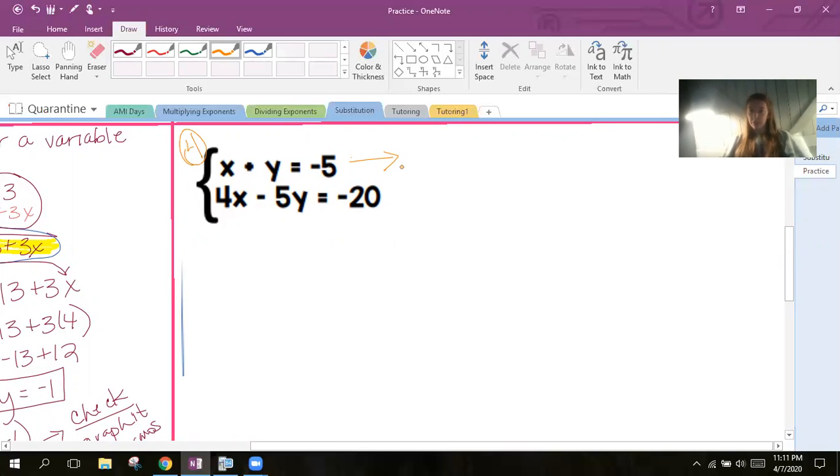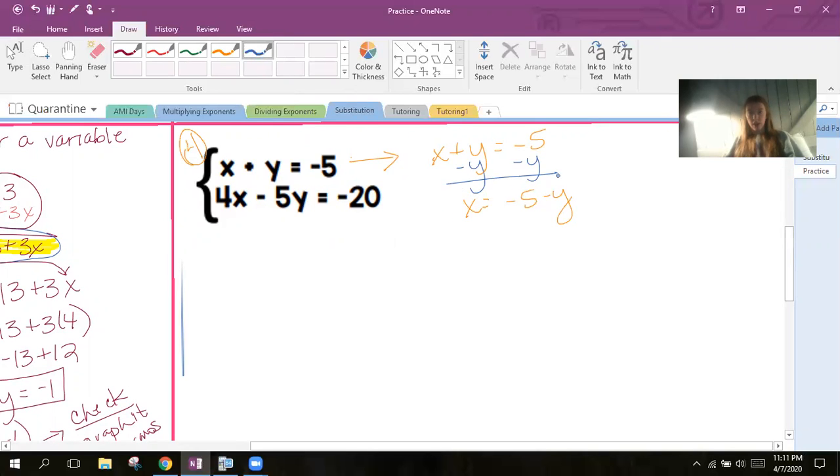Just to change things up and show you that it doesn't matter which variable you solve for, I'm going to solve this one for x this time. So I'm going to move my y to the other side. So I have x equals negative 5 minus y.